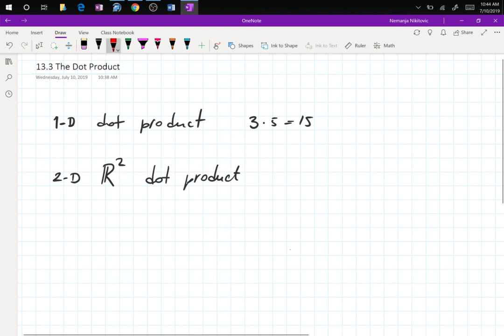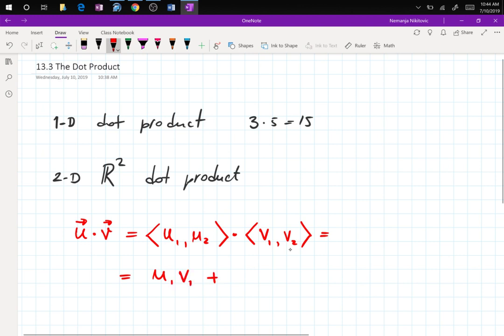First, and this is stuff that you need to know. If you want to multiply two vectors, and in this case, these vectors will be two-dimensional, you will be multiplying u1, u2 with the vector v1, v2. You multiply u1, v1, and add u2, v2, and the answer for this would be a number, a scalar. So you are not getting a vector back.